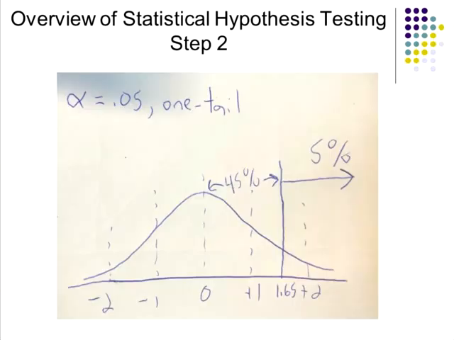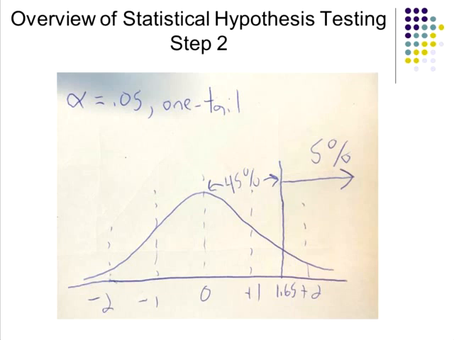Okay, check this out. In this image, you see I've got a distribution of z-scores, okay? And let's say you were told in this problem, alpha equals 0.05, and this is a one-tailed test. What it's saying is you need to figure out the z-score that separates the top 5% of the distribution, okay?